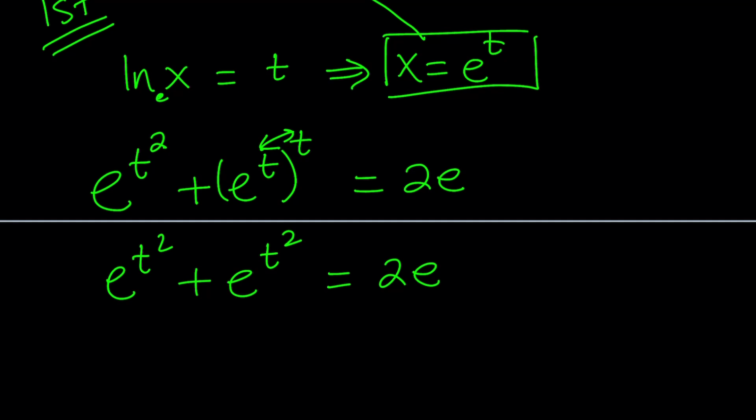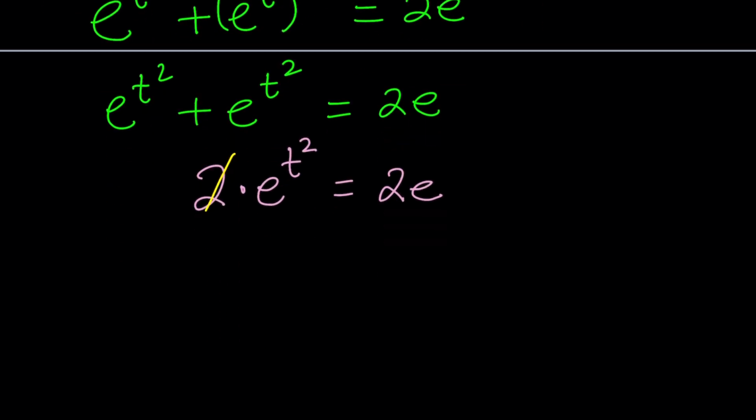And now we can write this as 2 times e to the power t squared because you're adding something plus the same thing. That's going to be 2 times that, and that's equal to 2e. And that's awesome because now you can go ahead and cancel out the 2's, right? Divide both sides by 2. You're not canceling out any variables, which is good because that could cause a loss of solutions, right?